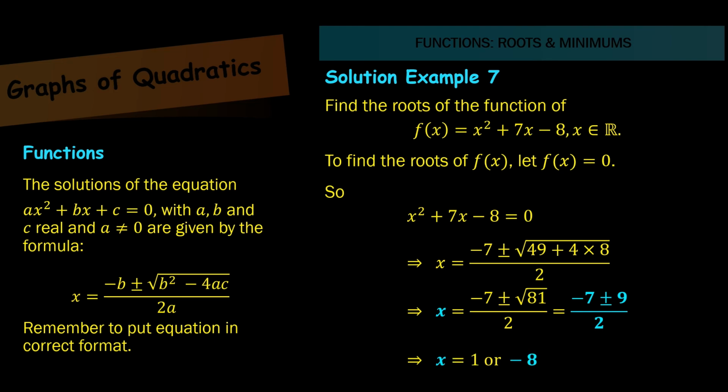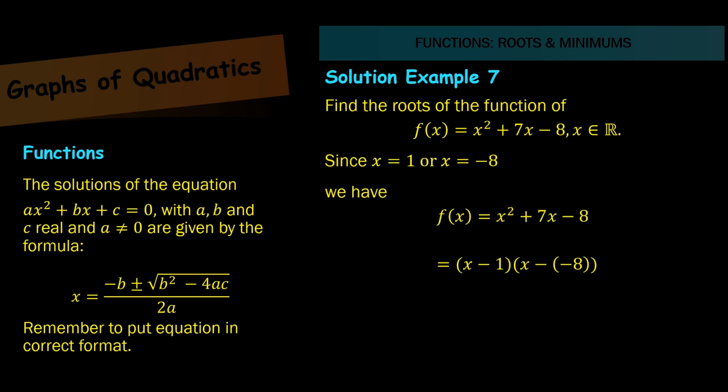Since x equals 1 or x equals minus 8, we have that f of x equals x minus 1 times x minus minus 8. Tidying up gives us that f of x equals x minus 1 times x plus 8.